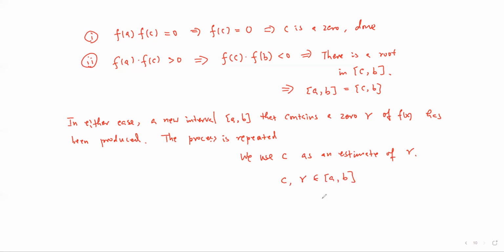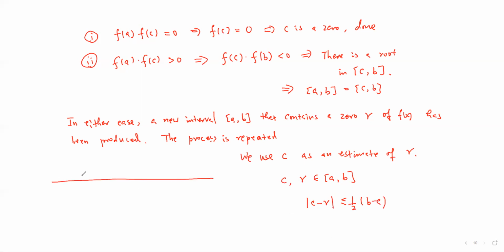So when AB is small enough, the distance between the midpoint and the root is always less than half of the length of the interval, B minus A. Why half?